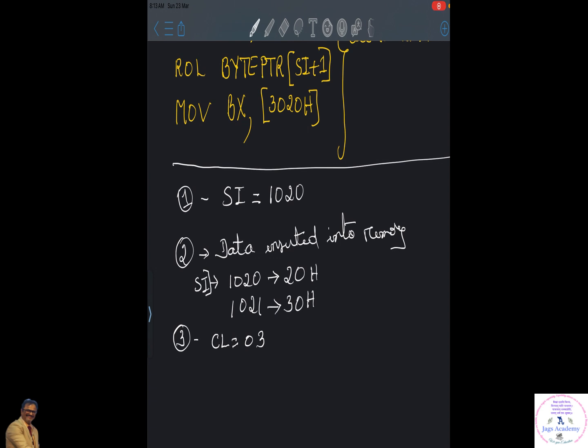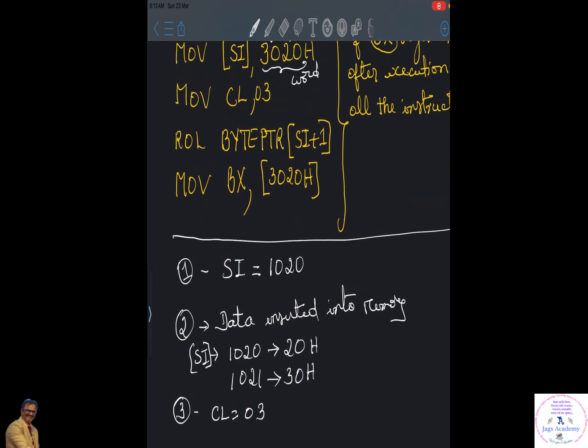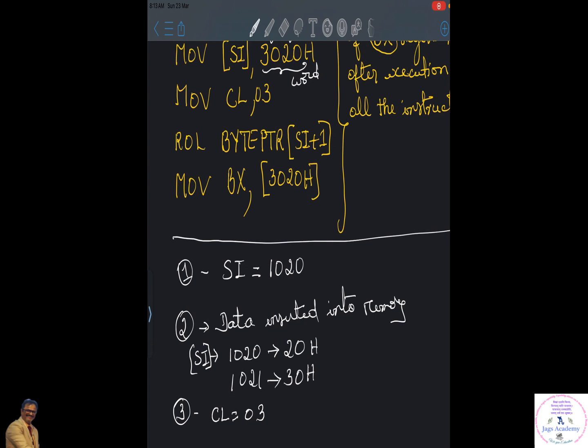Now next, rotate left byte pointer SI plus 1. This is SI, and this is SI plus 1.